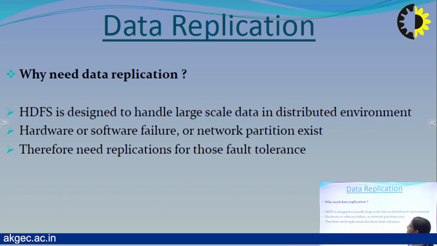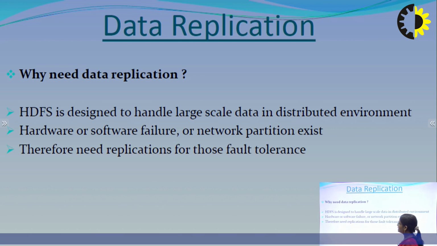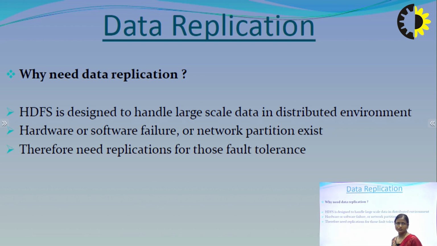Then data replication. Why do we need data replication? Because HDFS is designed to handle large-scale data in a distributed environment. So that is why data replication is necessary, and also hardware or software failure or network partition can exist. Therefore replication is needed for fault tolerance.